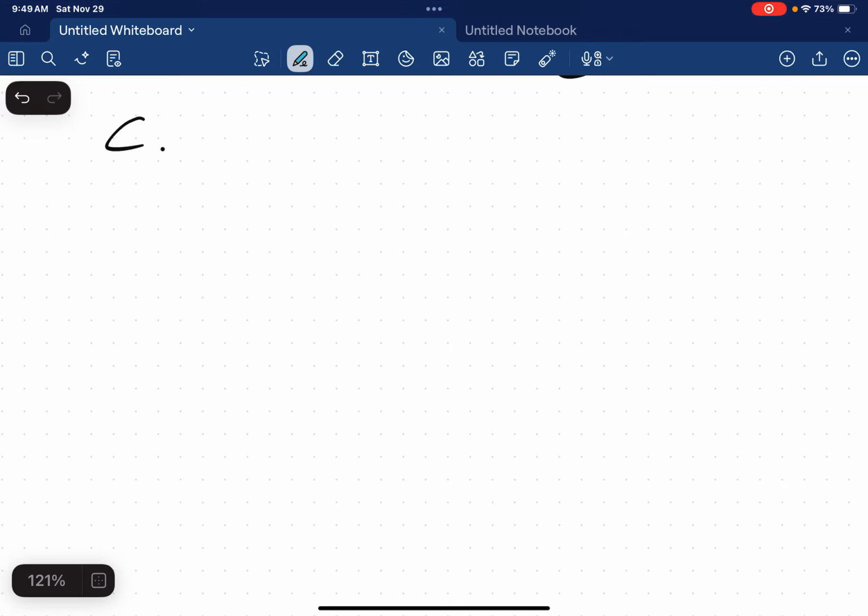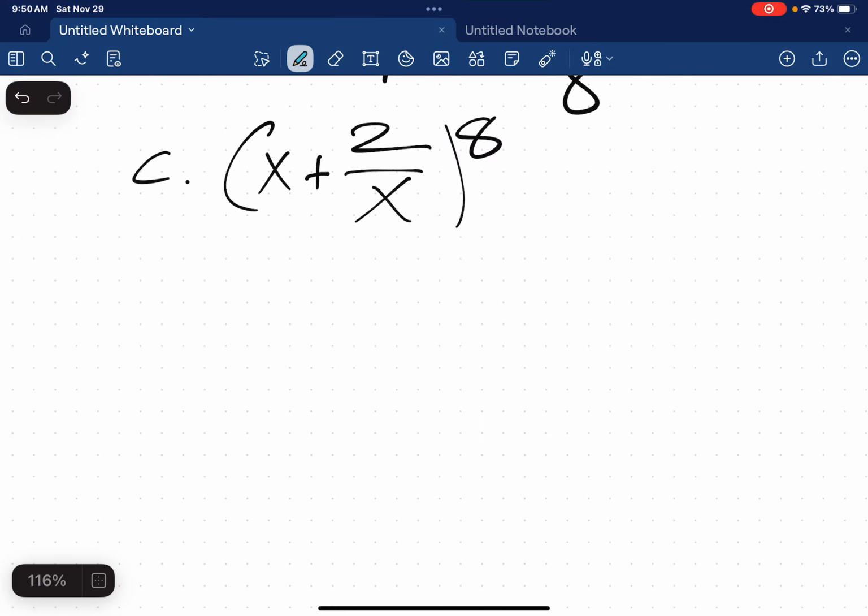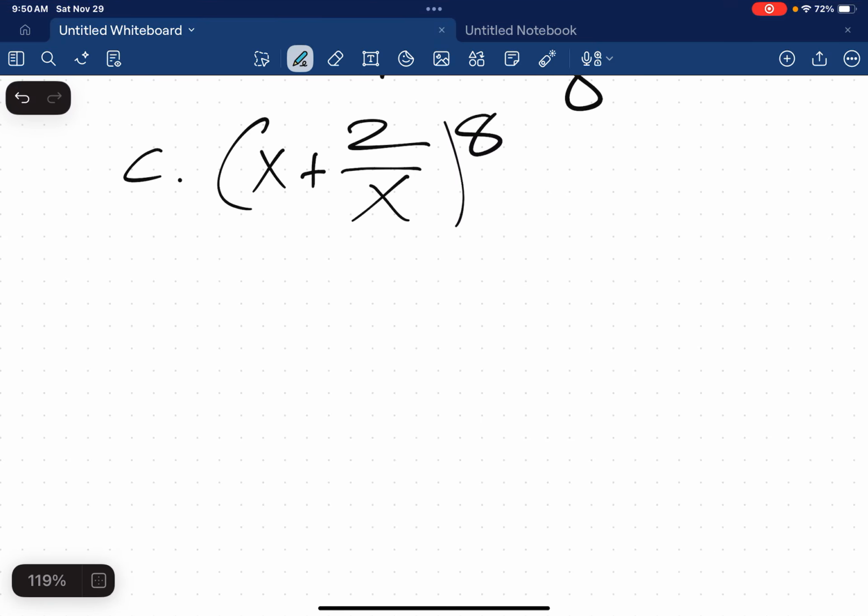Right, on to C. C asks us to find the first 4 terms of this binomial expansion. I think that's an 8. Here we'll have 8 choose 0.